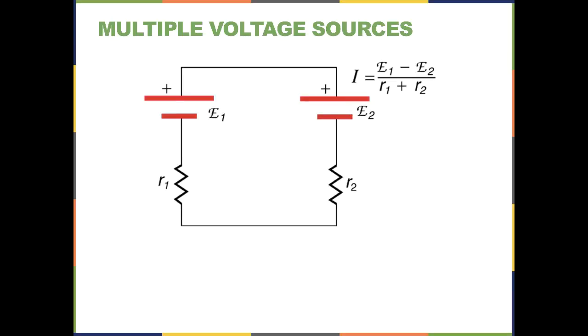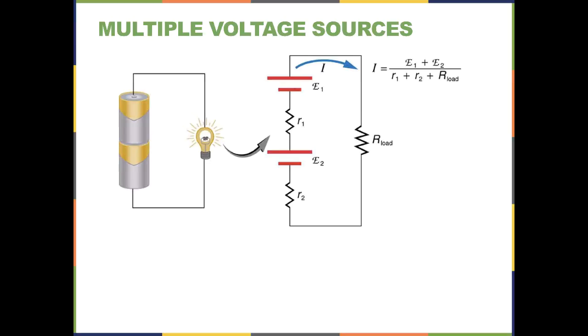So these two are actually hurting each other, and you can see by the formula that the combined actual EMF is going to be E1 minus E2. And again, the internal resistance will be divided into that to show the actual voltage.